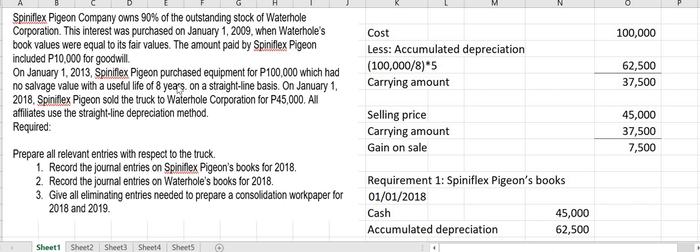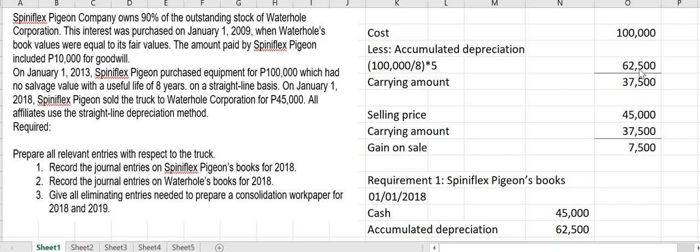First, we'll compute the amount of gain or loss on sale in the books of the selling affiliate. The cost is 100,000, and then the related accumulated depreciation is equal to the cost of the property divided by 8 times 5, since the property is 5 years old since the date it was acquired.